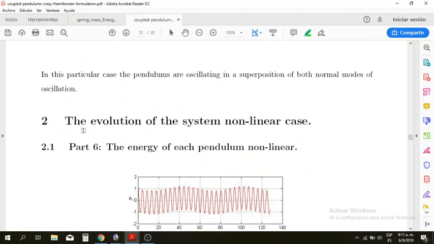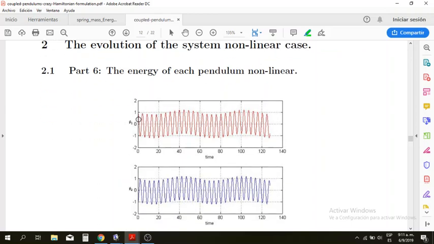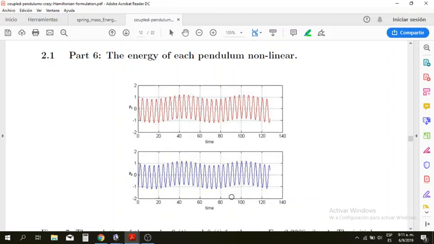My idea today is to show you the evolution of the nonlinear case. In the nonlinear case, I find this very nice case. The evolution of theta 1 as a function of time looks like a slinky, and theta 2 looks like a slinky as well.